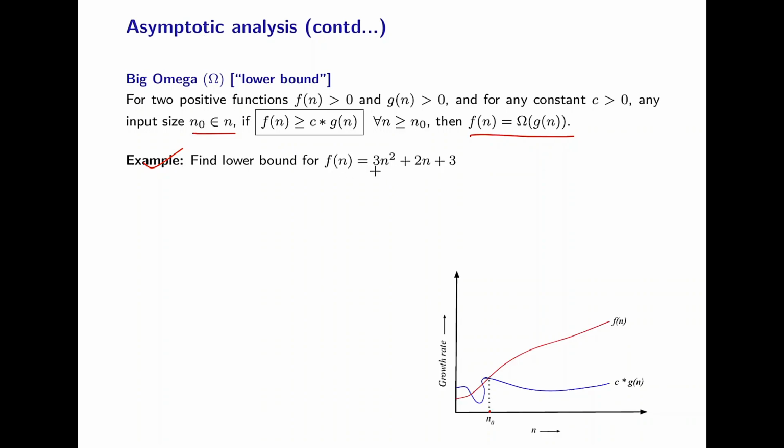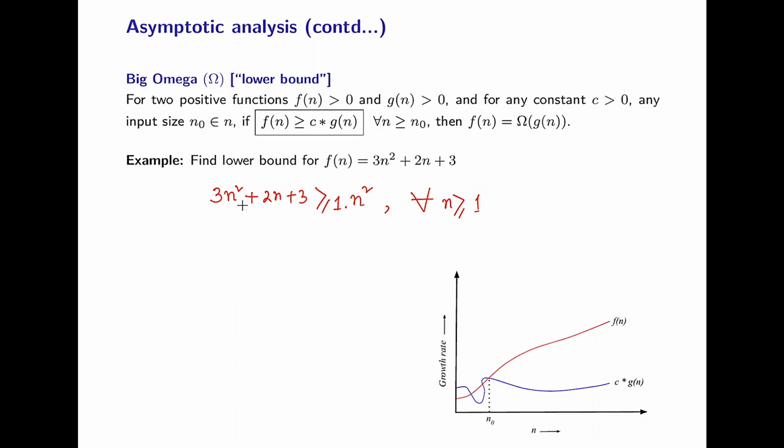So the example here is to find the lower bound for this f(n). Same example I have taken. I will write 3n square plus 2n plus 3 is greater than or equal to, let's say here I am writing the highest order term for g(n), and 1 is the value of c. Can I write it, and is it true for all values of n greater than or equal to 1? Yes, it is true. Why?